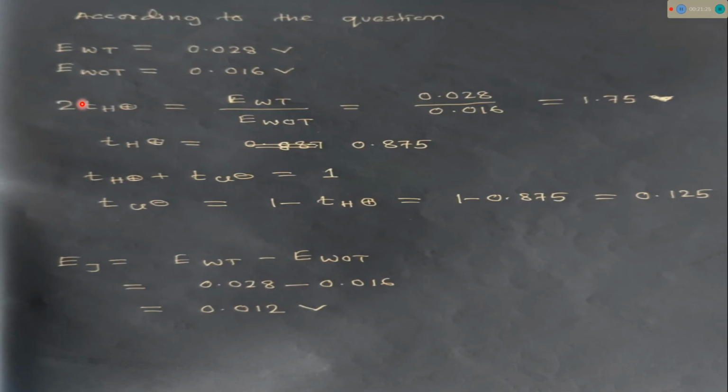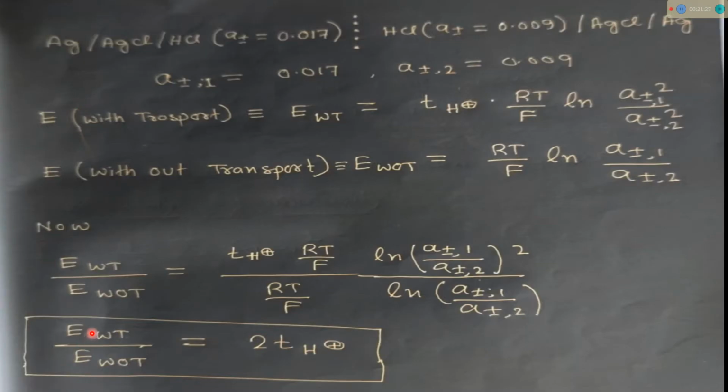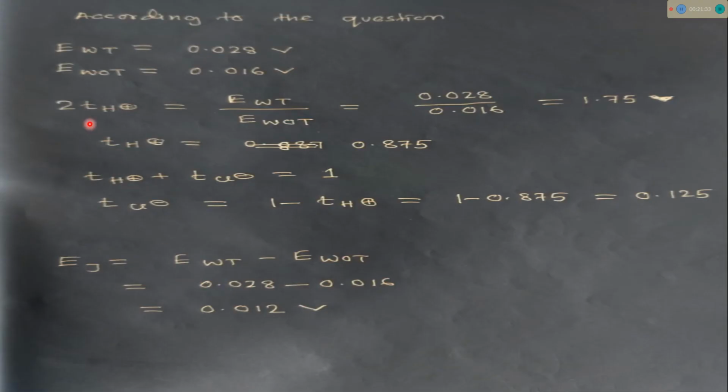We all know from these expressions that E with transport divided by E without transport equals 2T_H+. So if we put in the values, we get 1.75. So now T_H+ becomes 0.0875.